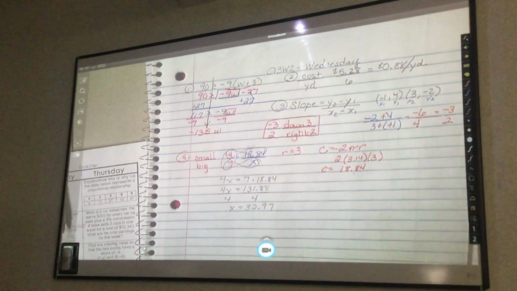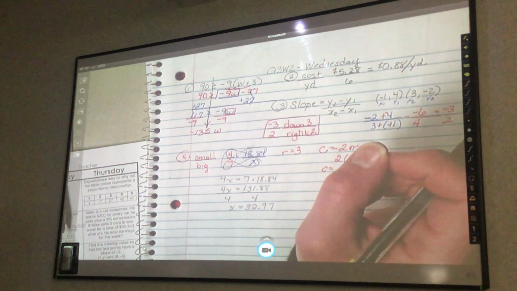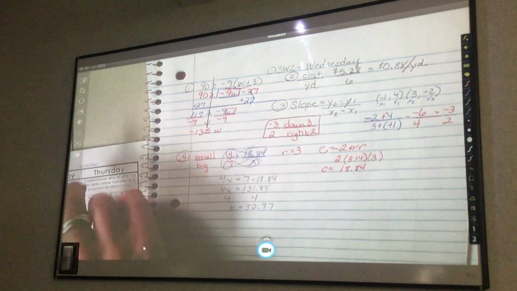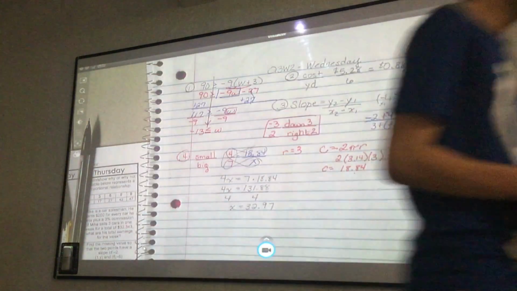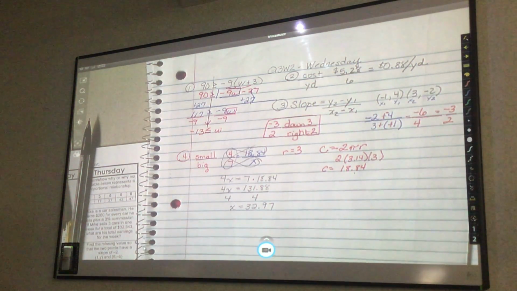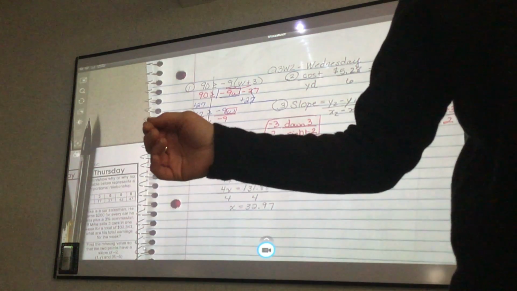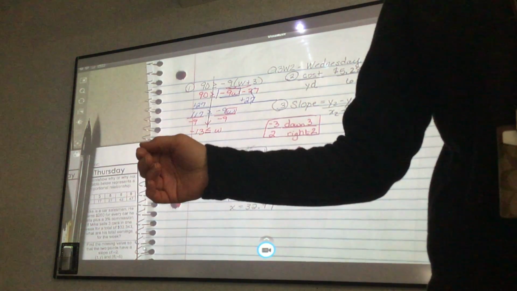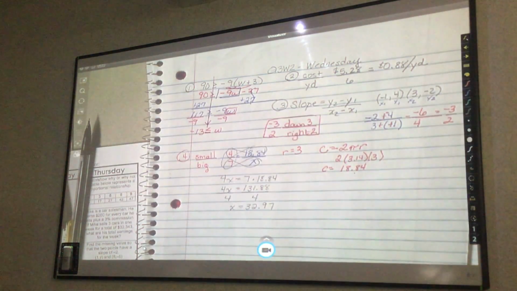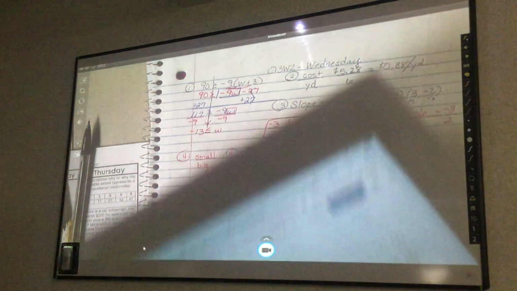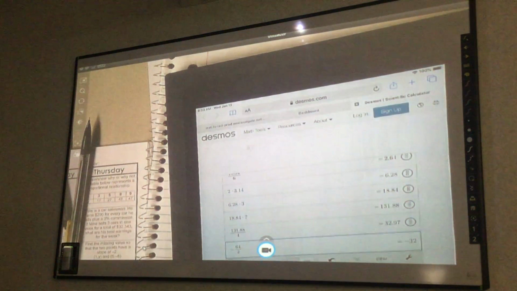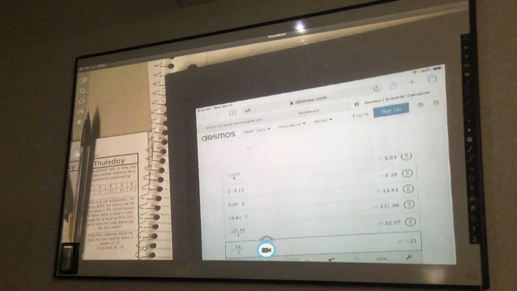Can somebody pull up their calculator really quick for me, please? I'm going to put it underneath. Thanks, dear. One thing I want to show you on your calculator is the pi button.